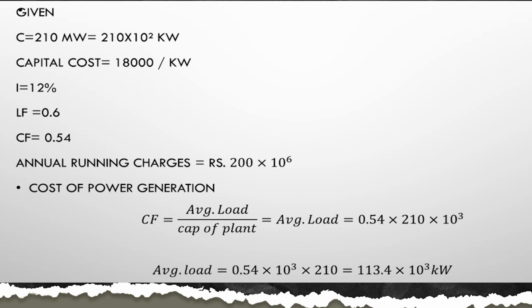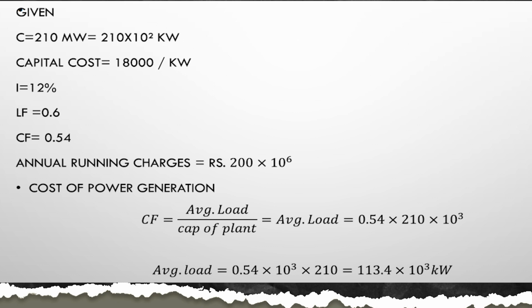Interest, which I denote with I, is 12%, annual load factor is 60%, and capacity factor is also given as 54%. All these things are given for one year. The annual running charges are equal to 200 into 10 to the power 6.